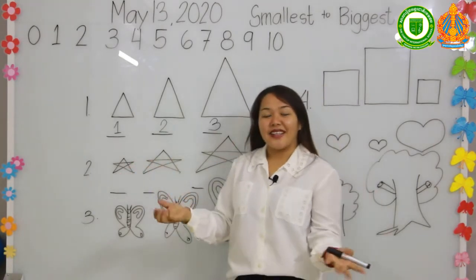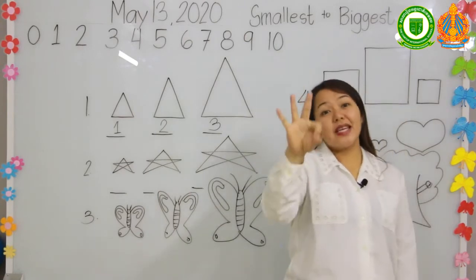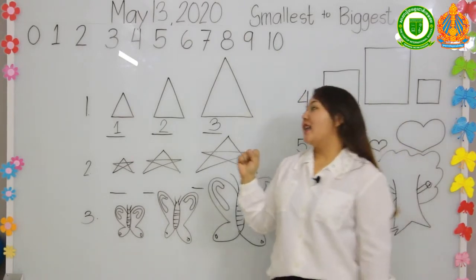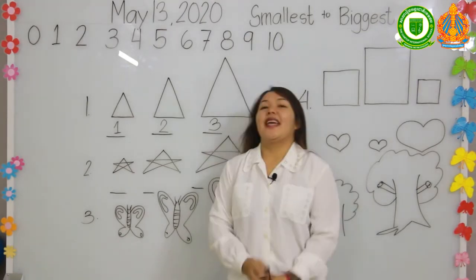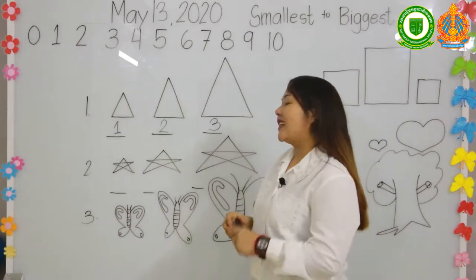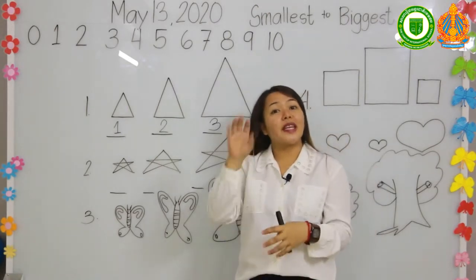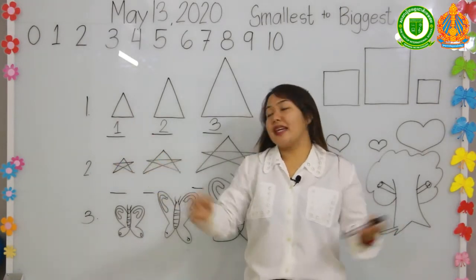There are 3 stars, and we are going to find which one is the smallest and which one is the biggest. The same thing, we are going to write numbers for the smallest to the biggest.